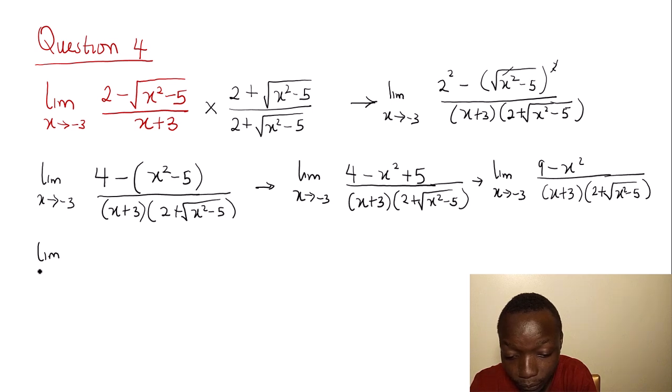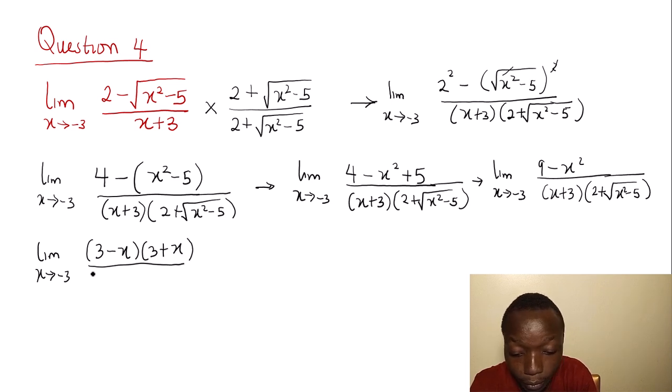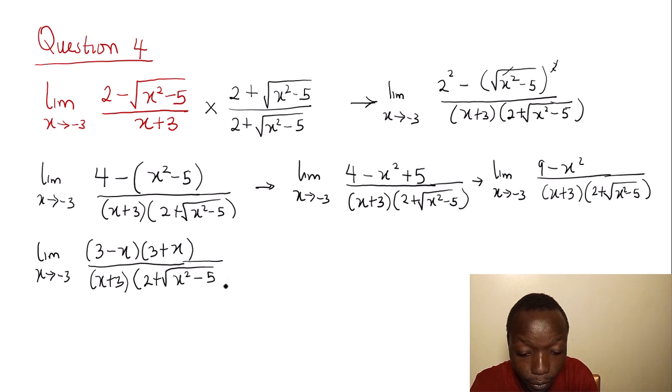The limit as x approaches -3 of 3 minus x times 3 plus x, over x plus 3, then 2 plus the square root of x squared minus 5. Okay, so x plus 3 and 3 plus x mean the same thing, so they're going to both cancel.